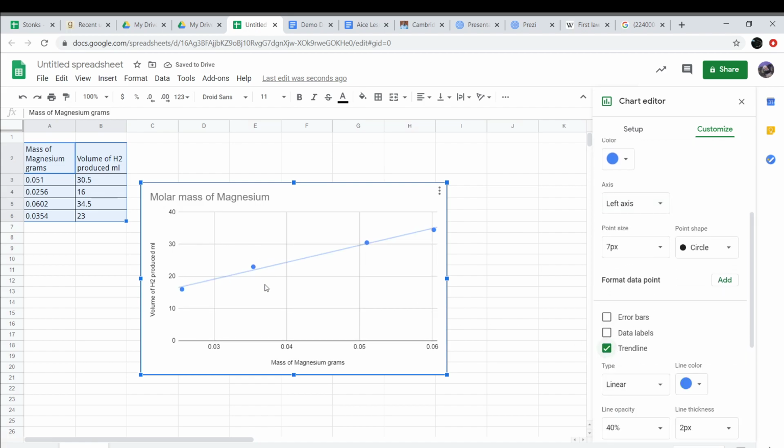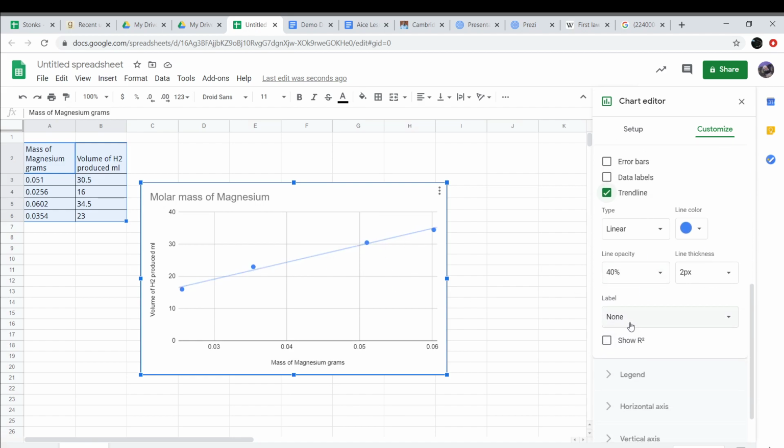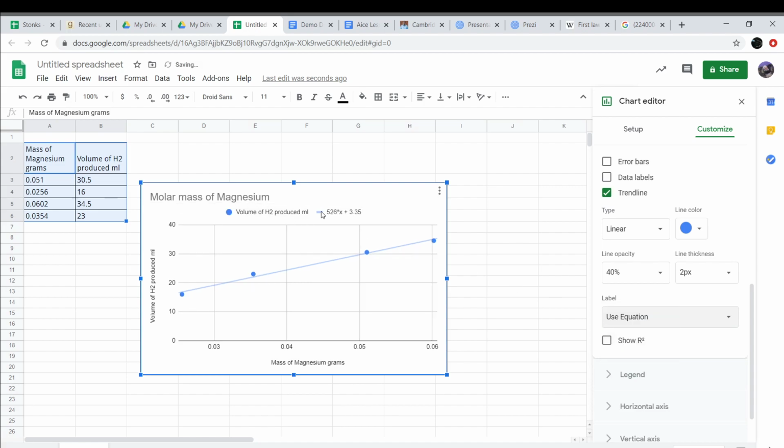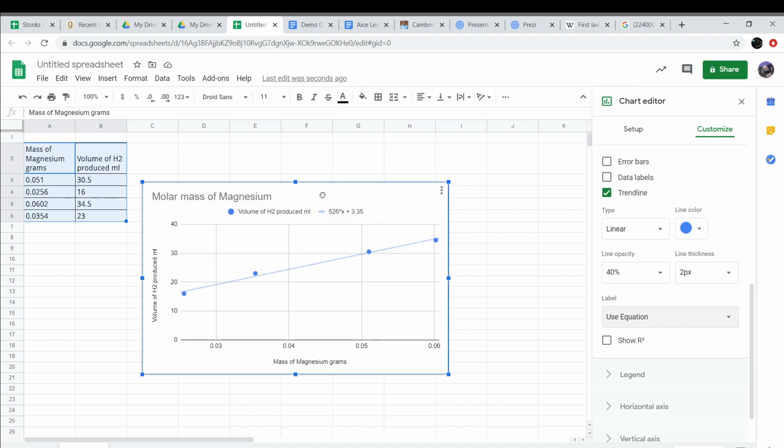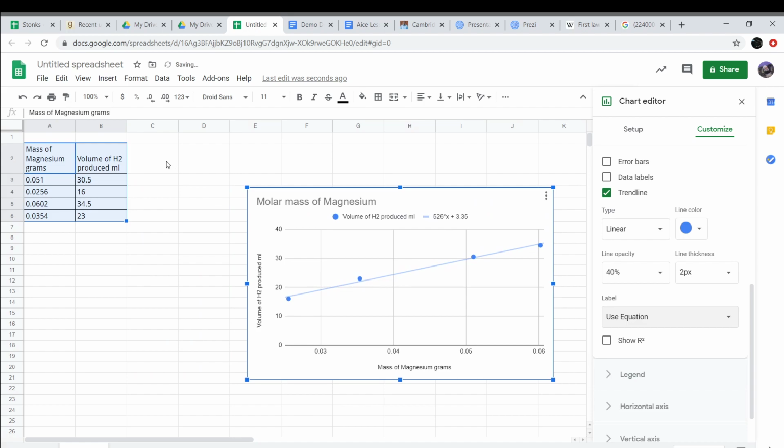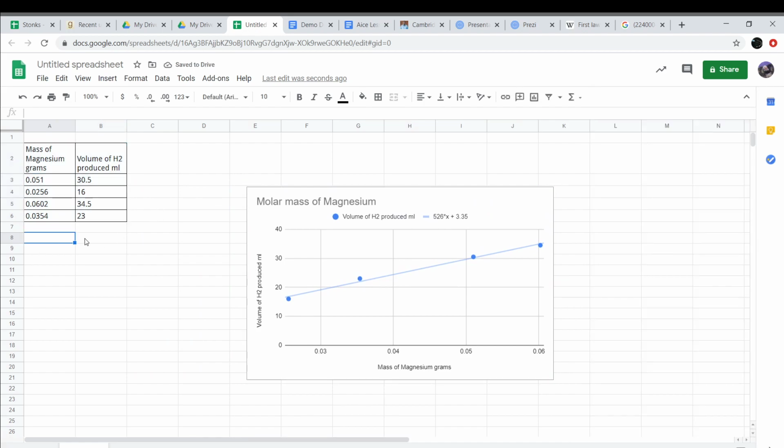The trend line finds the best fit line for everything here. We're going to go down here to label. Then we're going to use equation, and it's going to give us an equation. And this equation is the equation for this line right here, which means that we're going to be able to use this line equation to figure out our questions for going further on.